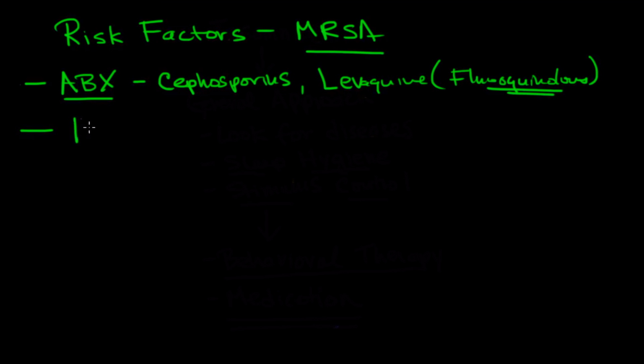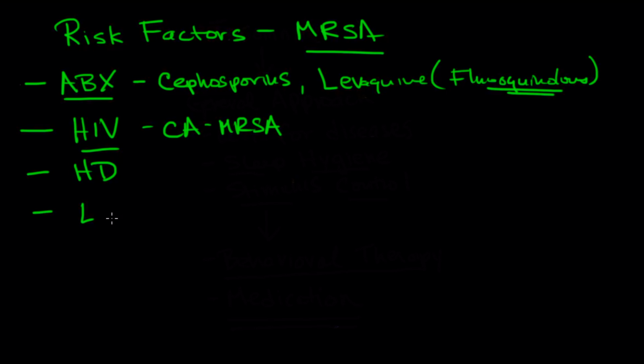The other one is HIV, and this specifically goes for the community-acquired MRSA, believe it or not. Things that wouldn't surprise you: hemodialysis catheters. These are catheters that are left in place. They get MRSA all the time. Long-term acute care facilities or subacute care facilities.